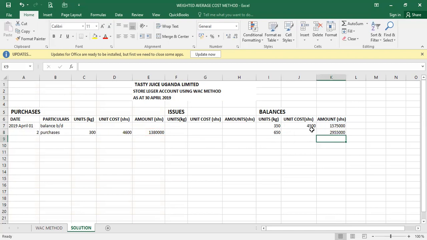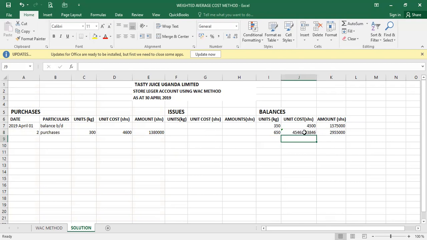Then if you want to know what will be the cost if you are to issue out, we get the average there to be equal sign this divided by this, the number of units. It means that if we are issuing out anything, we have to issue that item at this price.